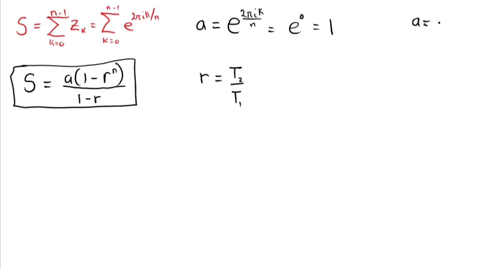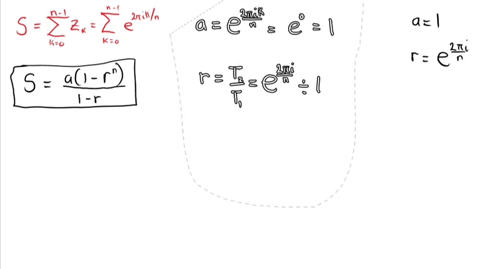Now, if we divide the first two terms, term 2 will be e raised to the power 2 pi i, where I replace k with 1, divided by n. This whole thing is divided by the first term, which we just found is 1. Since I'm dividing by 1, the common ratio is simply e raised to the power 2 pi i divided by n.